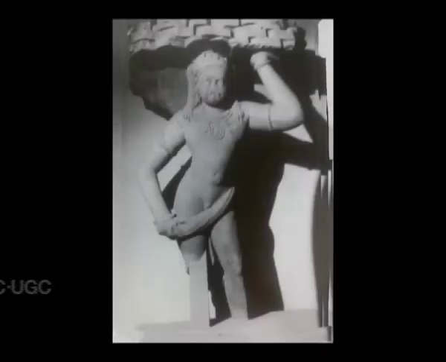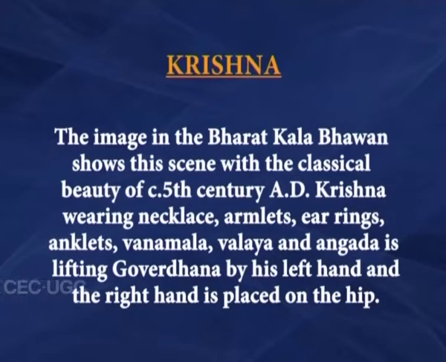The statues representing Krishna lifting Govardhana are found at Mathura, Varanasi and other places. The image in the Bharat Kala Bhavan shows this scene with the classical beauty of circa 5th century AD. Krishna wearing necklace, armlets, earrings, anklets, vanamala, valaya and angada is lifting Govardhana by his left hand and the right hand is placed on the hip.